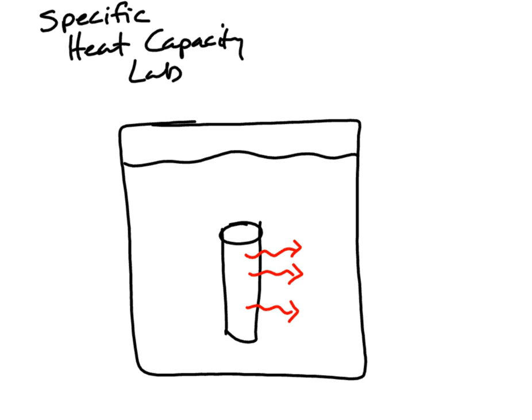The whole point of this lab is to find the specific heat capacity of this metal cylinder and in turn find out the identity of that metal based on a group of literature values that I give you. So I have my heat being transferred out of my metal cylinder into the water, which would cause the water's temperature, here's my little thermometer, to increase. As my water temperature is increasing, the temperature of my cylinder should be going down.